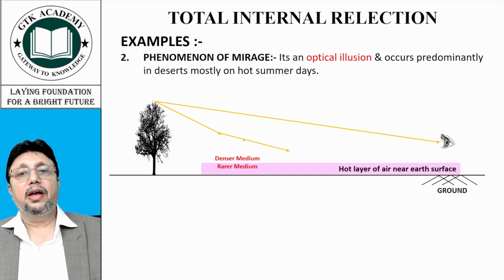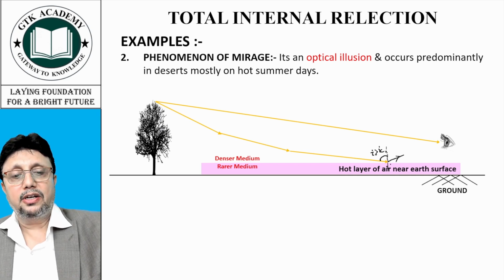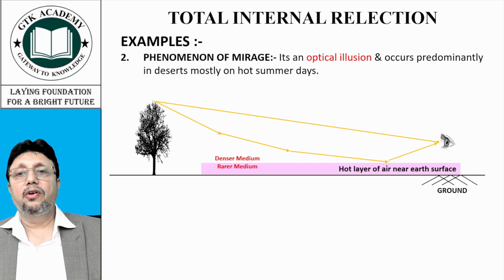So it will bend away. Again, in another layer, it will again bend away like that. And say there is one layer where this angle is more than critical angle. Then this layer will be totally reflected back, and it will reach the eye like this.